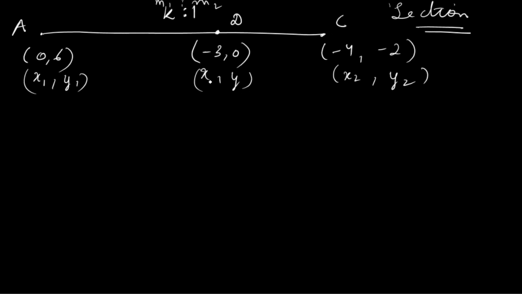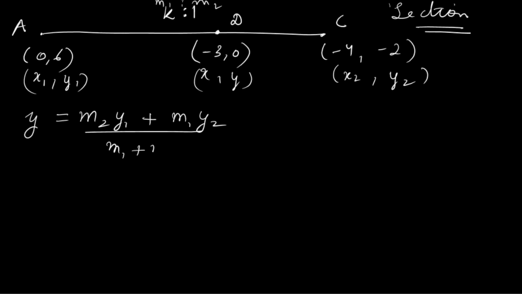Here both values are given, x is also given, y is also given, so any one you can use. I am going to use y because y is 0. So y is equal to m2 y1 plus m1 y2 by m1 plus m2.